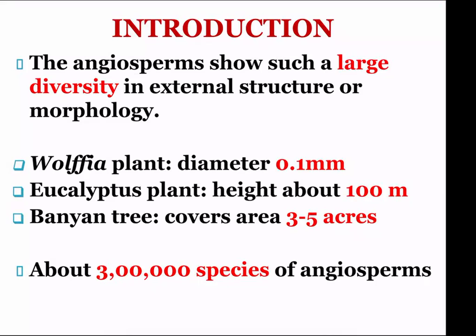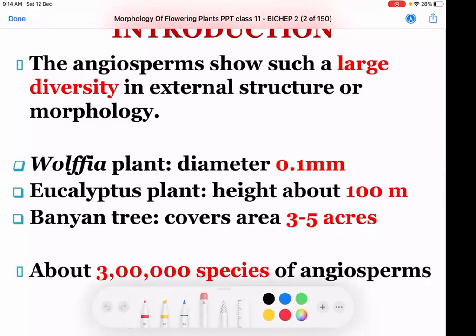So I have cleared one matter which is given here: the angiosperms show large diversity in external structure or morphology. Now the basic reason behind this large diversity is that they are produced by the sexual mode of reproduction.